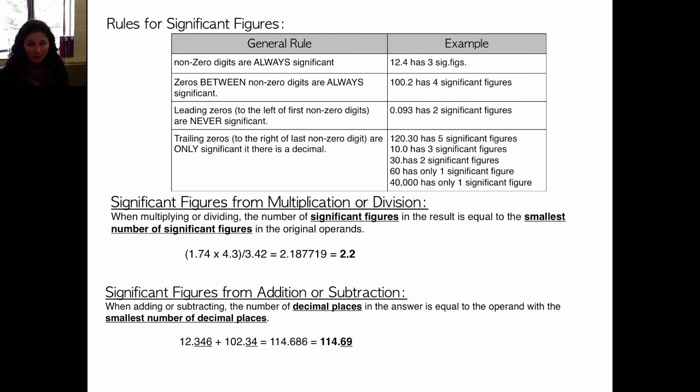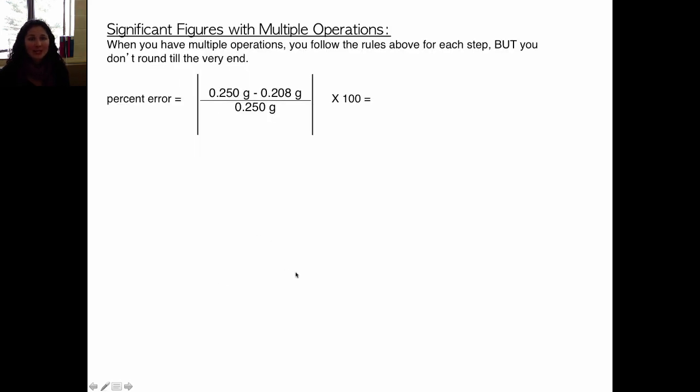It's a good idea to keep these rules in mind when you're doing all your mathematical manipulations in this class. From now on, we're going to expect you to report your answers in the correct number of significant figures. This can be particularly challenging if you're doing both of these types of operations in the same problem. So you have to keep track of both types when this happens. And here's an example.